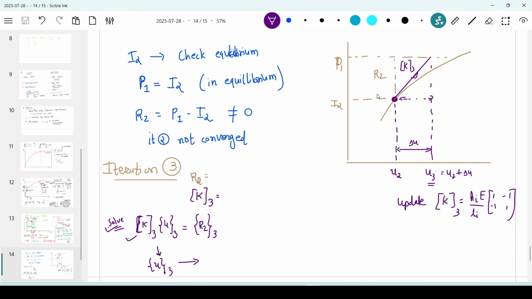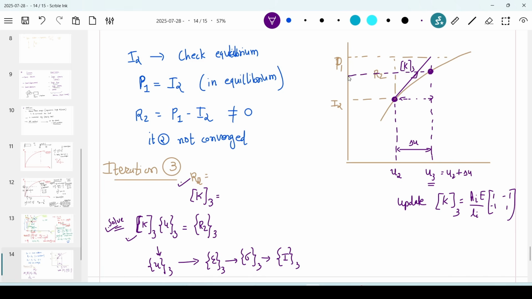From u3, what is next? Force P is given, external force is there, we have found the displacement, and now we have to find the internal force to check the equilibrium. So we have to find this point. From u3 we again find epsilon 3, the strains, then from strains we find the stresses, then from stresses we find the internal forces, I3.